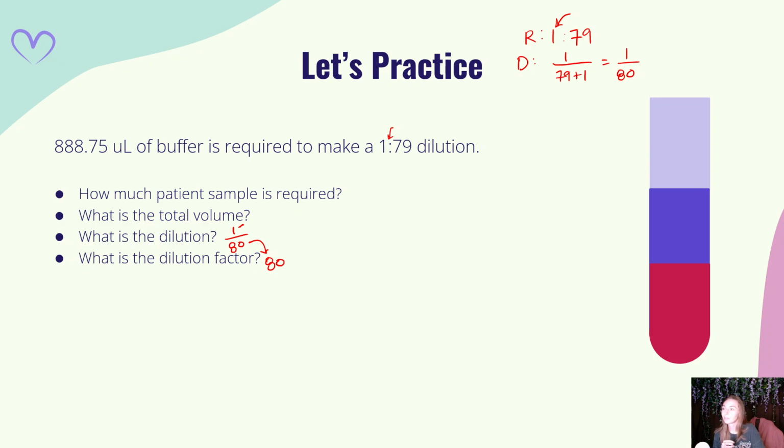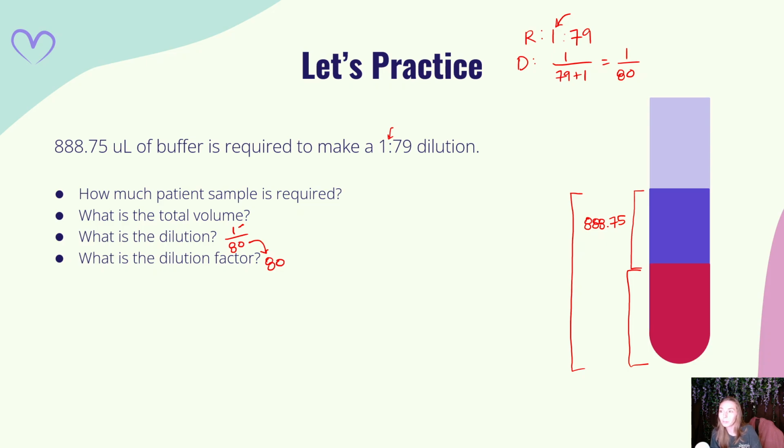Isn't that lovely? What's the total volume and how much patient sample is required? Well, I have 888.75, and I need to know how much patient I have, and how much total volume I have. I am not going to draw 80 little parts within a tube.